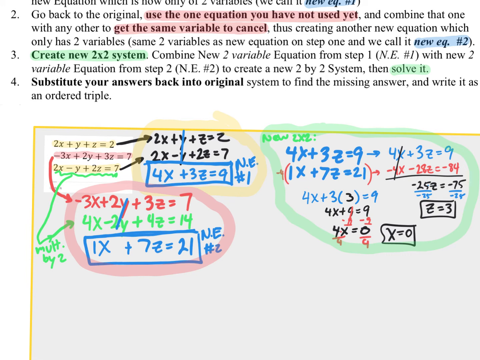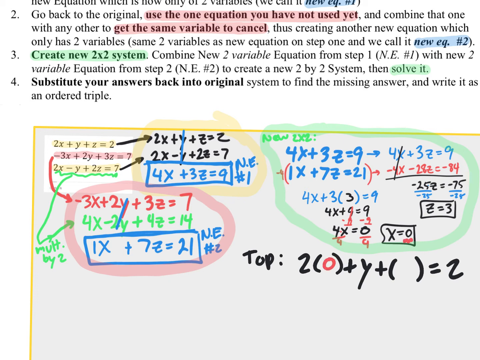And you could plug it into any one you want. I'm going to plug it into the top one. The top one is 2x plus y plus z, which we know z is 3, equals 2. Again, I know x, I know z, that's why I put parentheses.